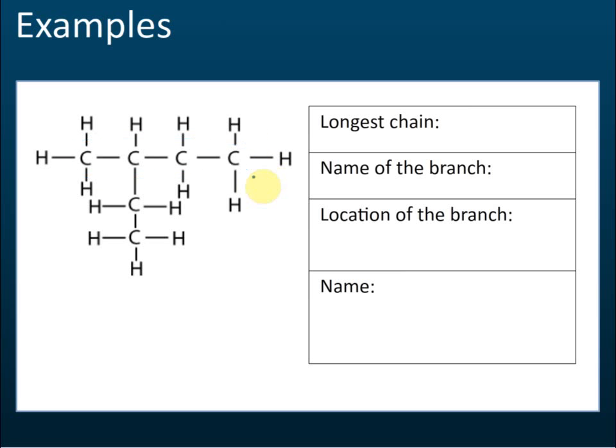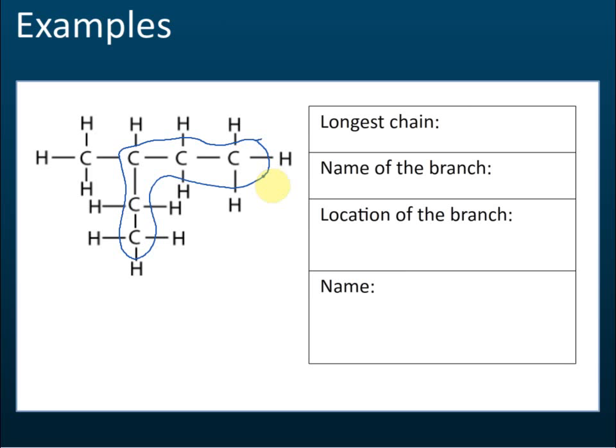But if you take this one as the longest chain, then you have 5 carbons. The longest chain does not necessarily have to be flat, a straight line, or horizontal. It can be L shape or any shape. So the longest chain has 5 carbons.